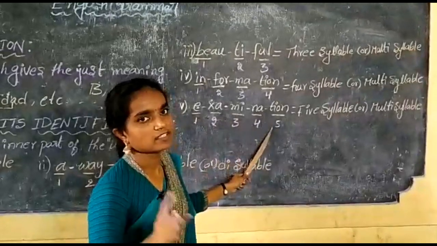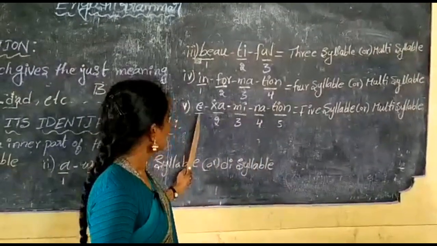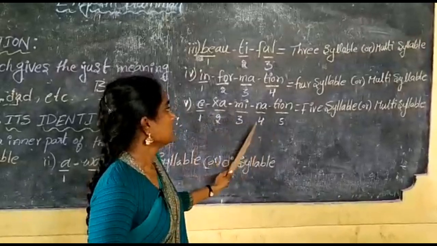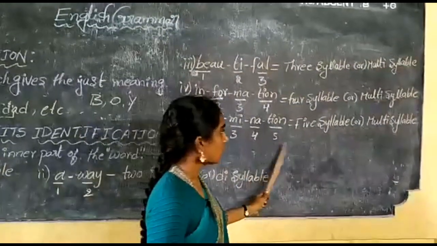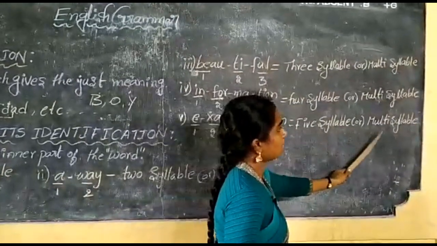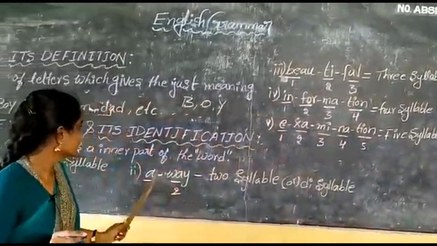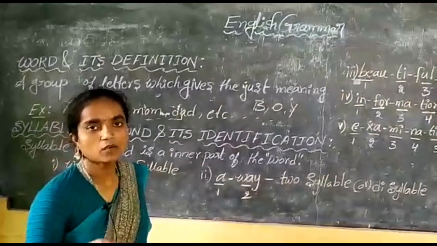Examination is the word. How many sounds are coming in this word? 1, 2, 3, 4, 5. Five sounds are coming in this word. So this is called five syllables, or multi-syllable. A syllable is a sound or inner part of the word.